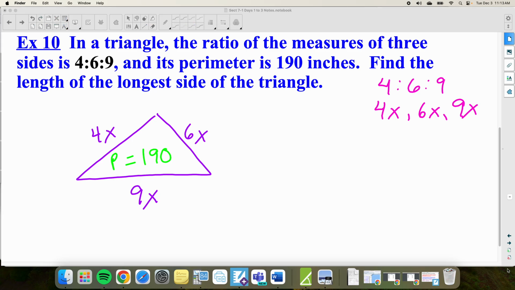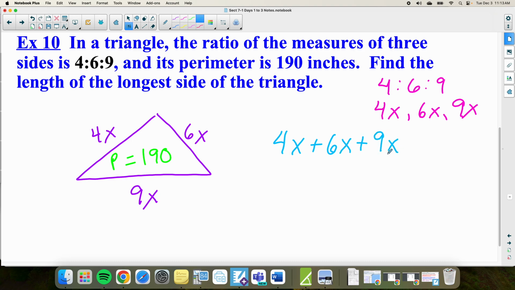We would write an equation, and if it's perimeter, you'd add around. So you'd go 4x plus 6x plus 9x, and that's going to equal the whole perimeter, which is 190. Okay? 4x plus 6x plus 9x is 19x equals 190.